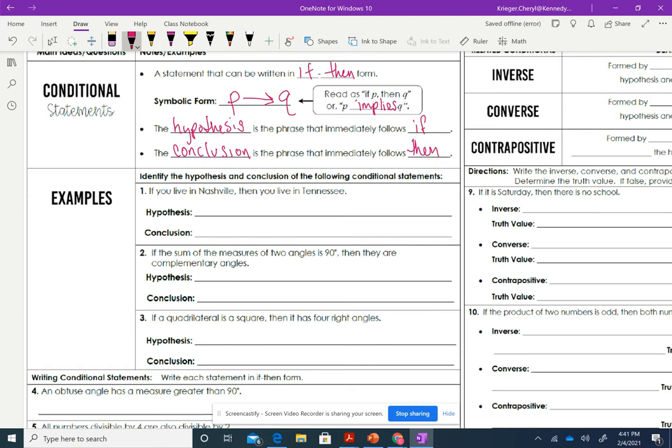If you live in Nashville, then you live in Tennessee. The hypothesis is you live in Nashville, and the conclusion would be you live in Tennessee.